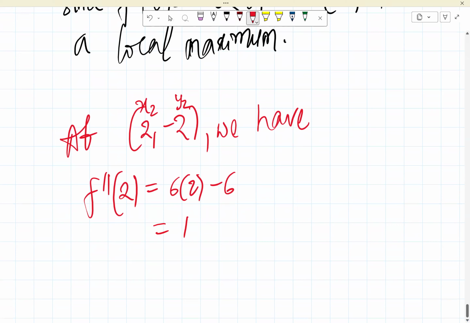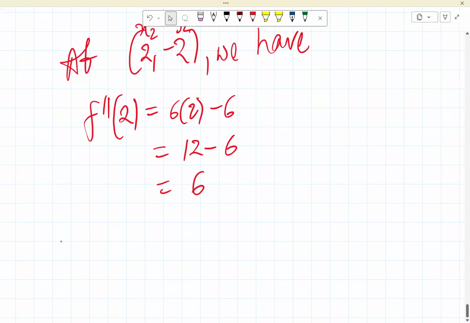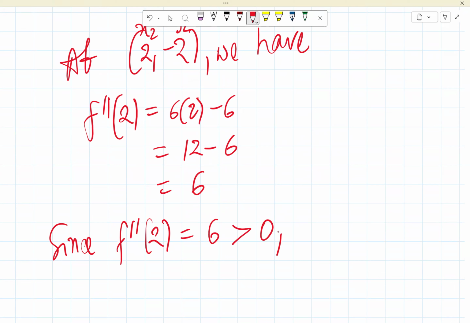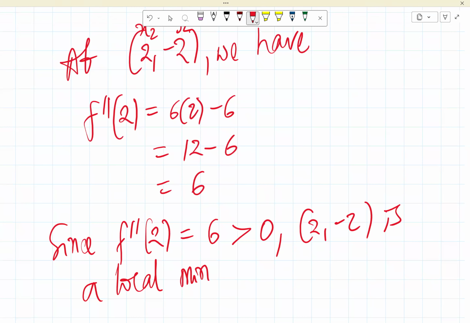So that's 12 minus 6, that's 6. So since f prime prime of 2 is equal to 6, which is greater than 0, then 2 comma minus 2 is a local minimum.